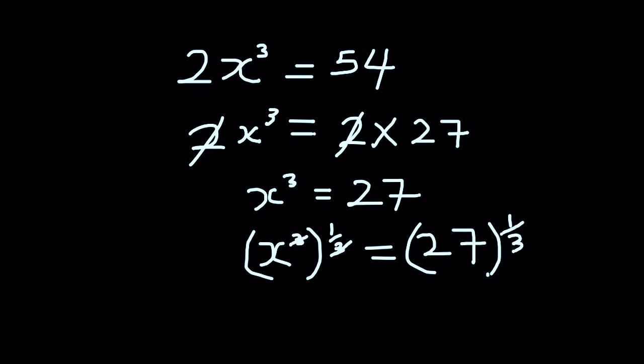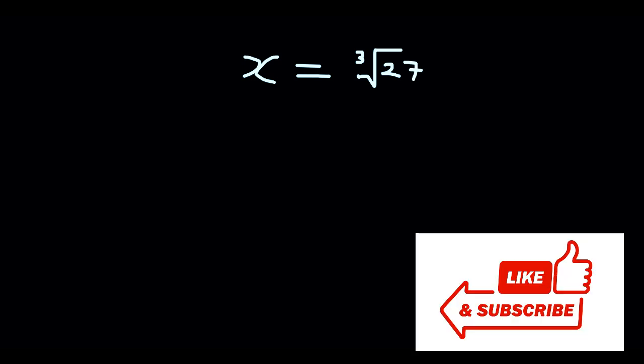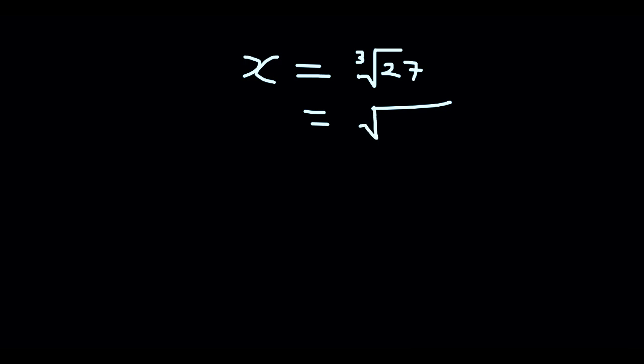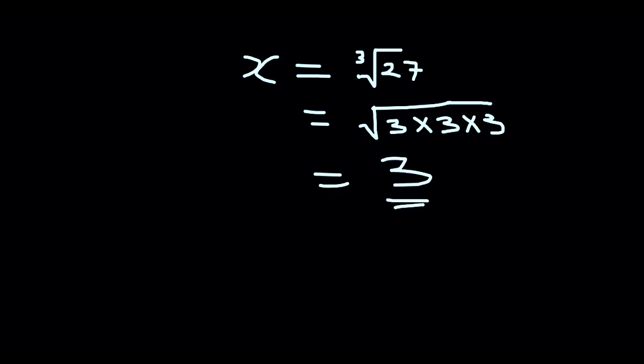This then becomes x equals cube root of 27, which can then be written as 3 multiplied by 3 multiplied by 3. This will give us our final answer to be 3. So x equals 3.